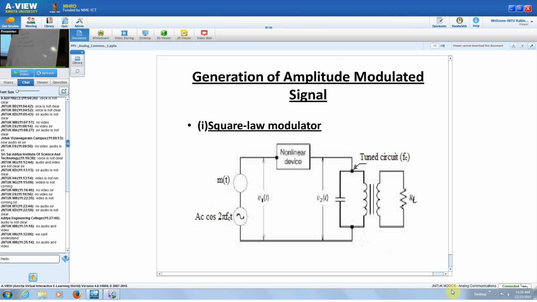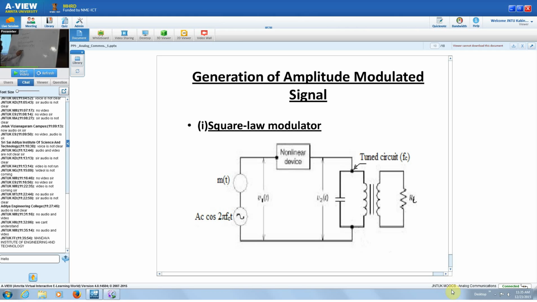And we have seen that V1(t) is m(t) plus Ac cos omega_c t. Therefore, what will be V2(t)? It is a times (m(t) plus Ac cos omega_c t) plus b times (m(t) plus Ac cos omega_c t) squared, because we are considering only the second order nonlinearity.